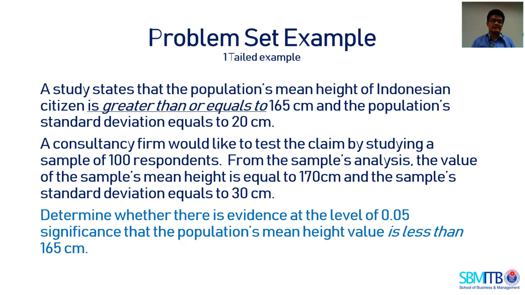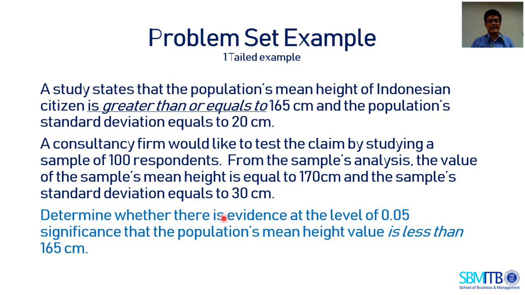A study states that the population mean height of Indonesian citizens is greater than or equal to 165 centimeter, and the population standard deviation equals 20 centimeter. A consultancy firm would like to test the claim by studying a sample of 100 respondents. From the sample's analysis, the sample's mean height is equal to 170 centimeter, and the sample standard deviation equals 30 centimeter.